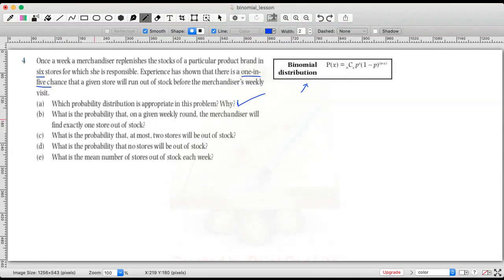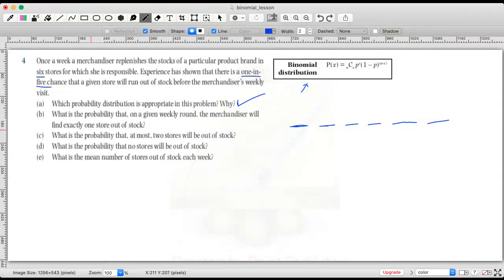The question for B is, what is the probability that on a given weekly round, the merchandiser will find exactly 1 store out of stock? Now remember, there are 6 stores, so let's put dashes for each store: store 1, store 2, 3, 4, 5, and 6.